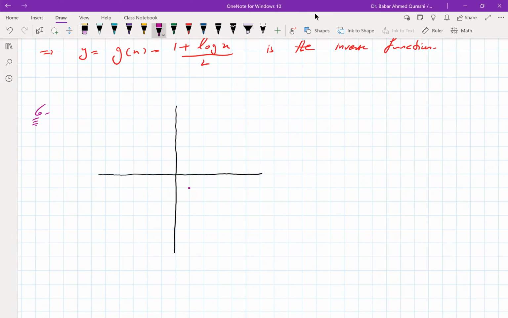You have this point, and this point, and then this point, and then this point.